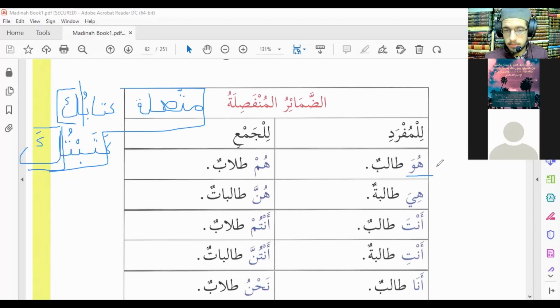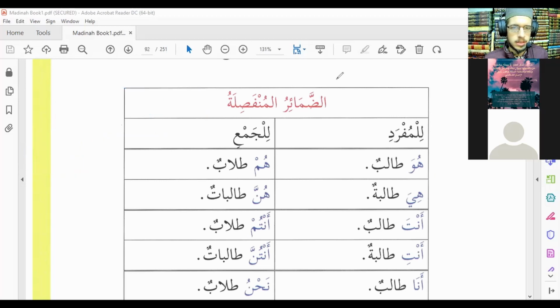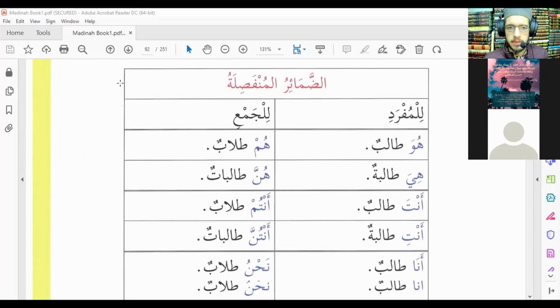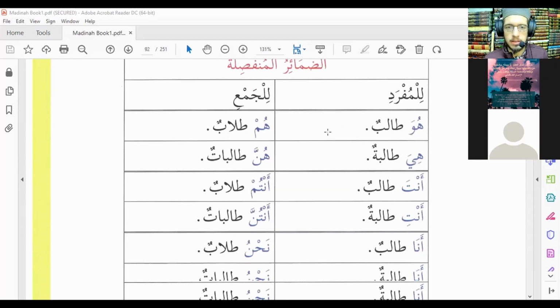هو, هي, right? They're independent words. They stand alone on their own. And this is a really nice, what's this? This is page 92. This is a fantastic chart because it breaks it down into such nice pairs.